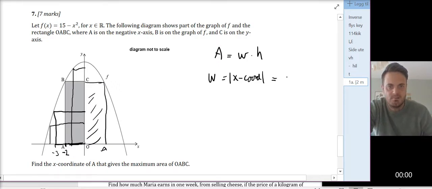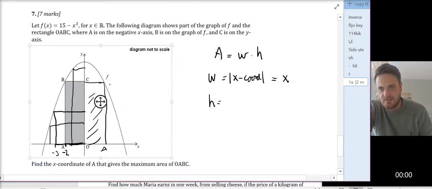So I just put this width as the x coordinate of the point A, call it x. And the height is the y coordinate for the point B, or if you put it on this side and let B be here, it's the y coordinate of this point B.